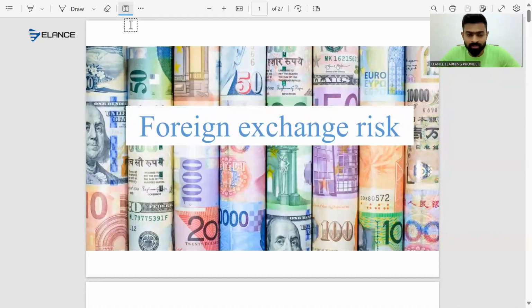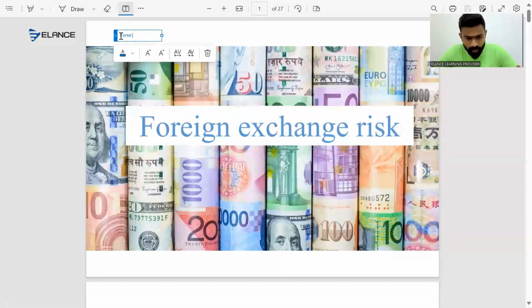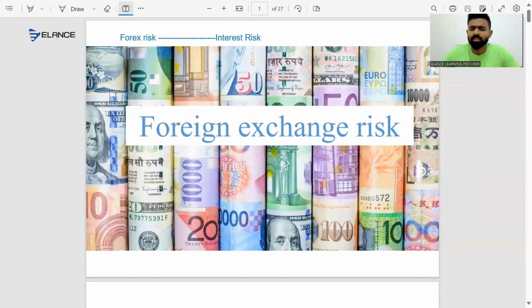If you click this text, you can type here. So there are two types of risk: forex risk, and second, interest risk. These are the two risks we are considering in this risk management module.